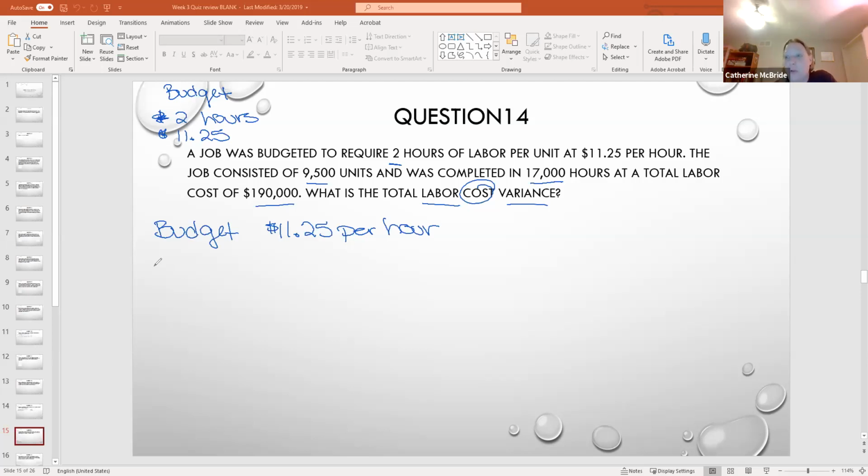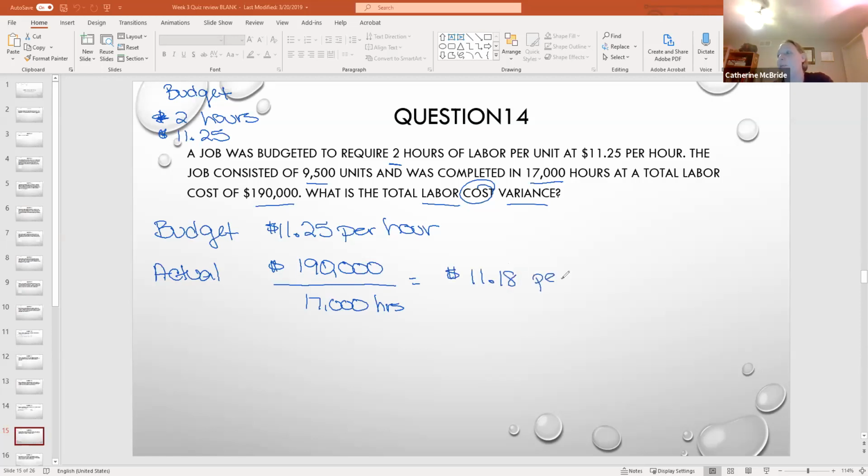Our actual cost was $190,000 divided by 17,000 hours, so $11.18 per hour.